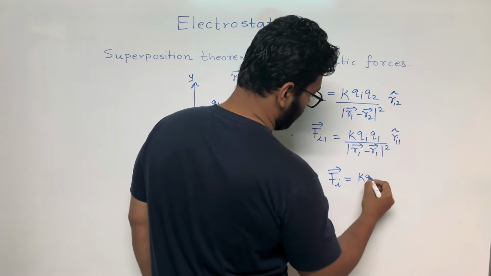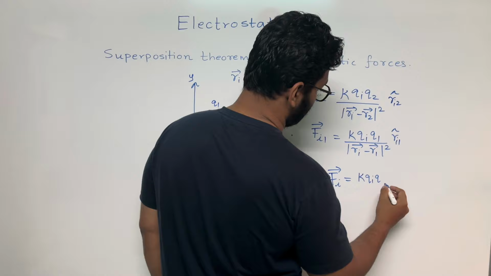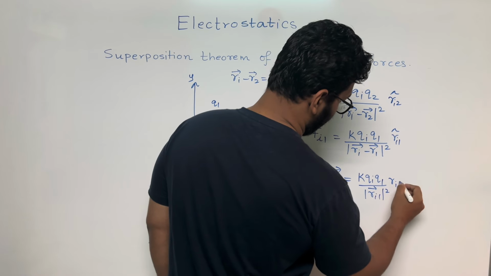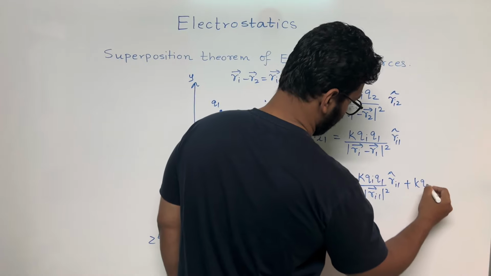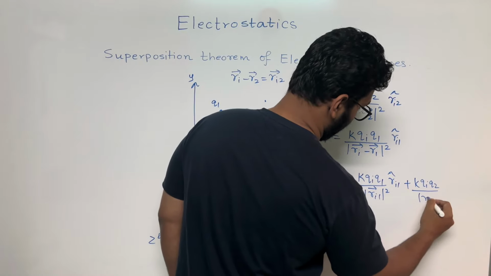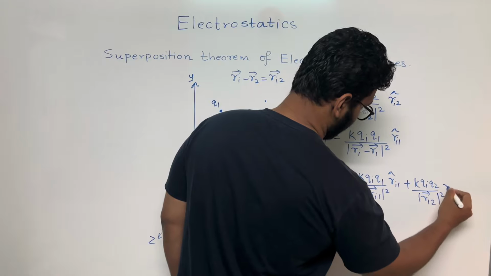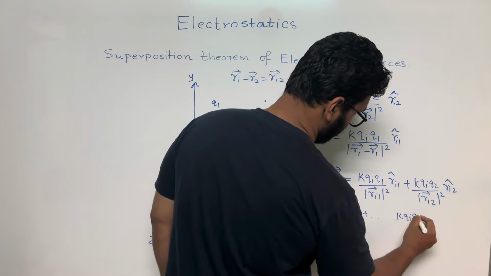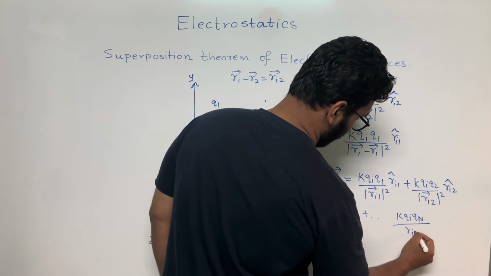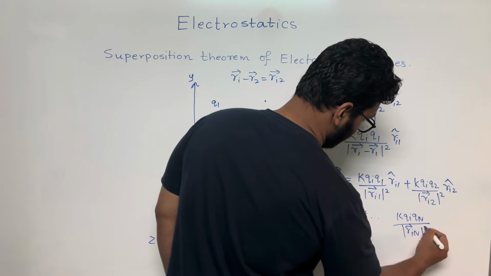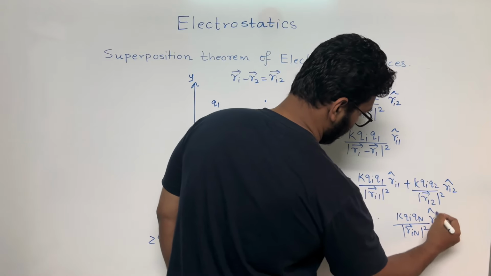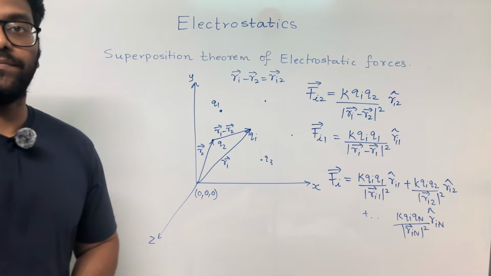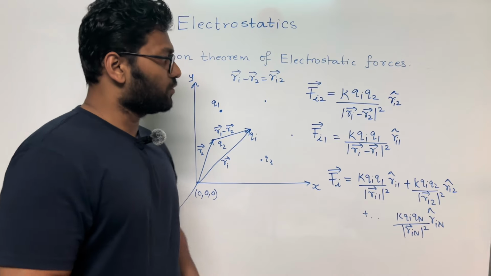So here I write k qi q1 upon ri1 bar mod square, ri1 cap, plus k qi q2 upon ri2 bar mod square, ri2 cap, up to k qi qn upon rin bar magnitude square, rin cap. So this is the net force acting on the ith charge. Okay, so this was the superposition theorem.